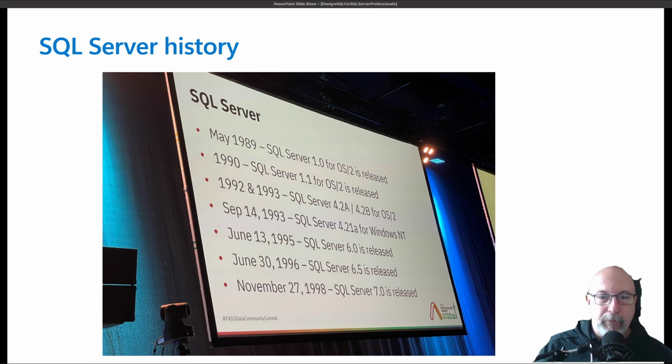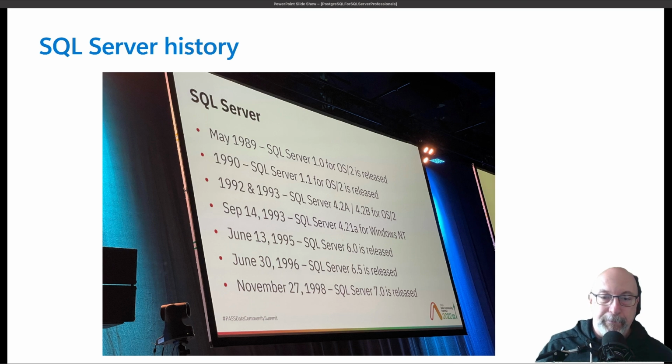And then the following releases were SQL Server 6.5 in 96, and finally in 1998, SQL Server 7.0, which is a super important release for SQL Server, because that's where most of the rewrite of the internals of the engine, query processor and storage engine, were released.